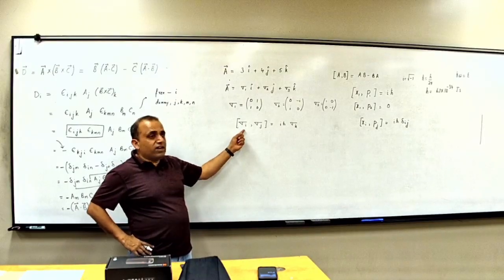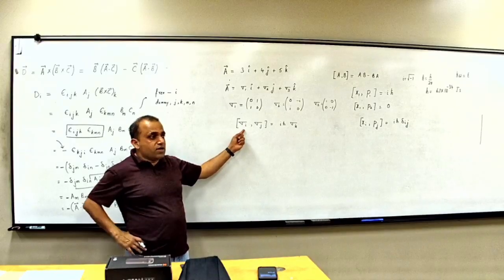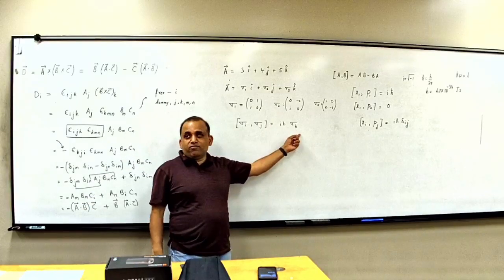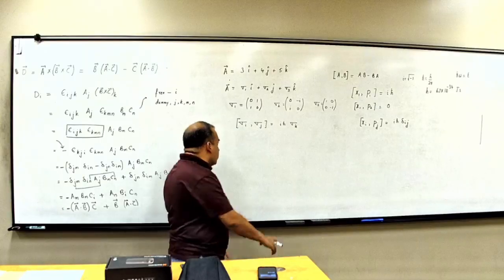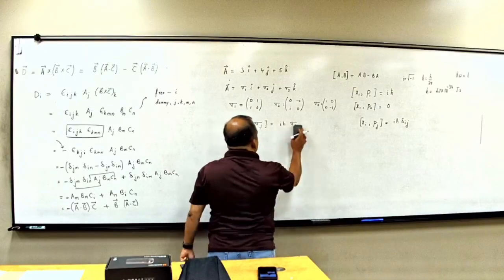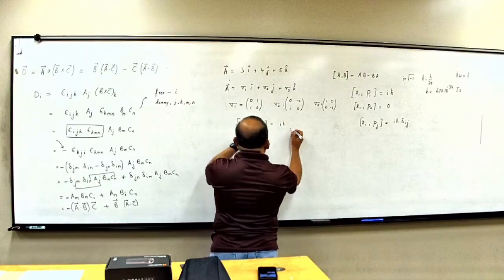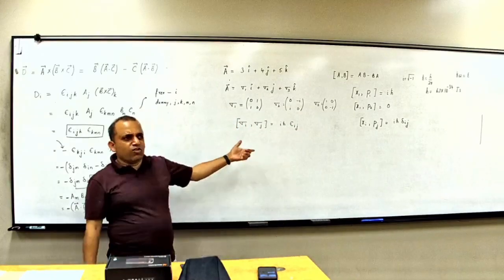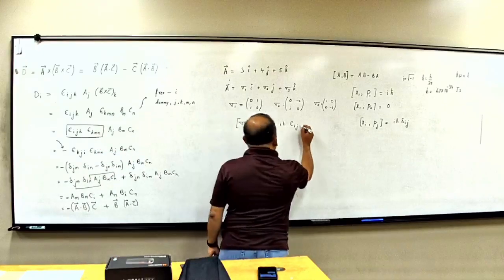If there is an i on the left hand side and it is not dummy, there has to be a free index on that side. So this cannot be true. There has to be an i, there has to be a j. It turns out that this is equal to 2i epsilon ijk sigma k, and since I wrote it as a Levi-Civita, there is a k there.